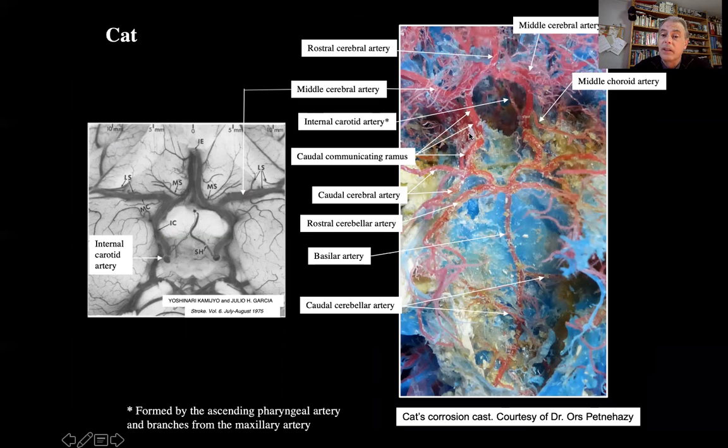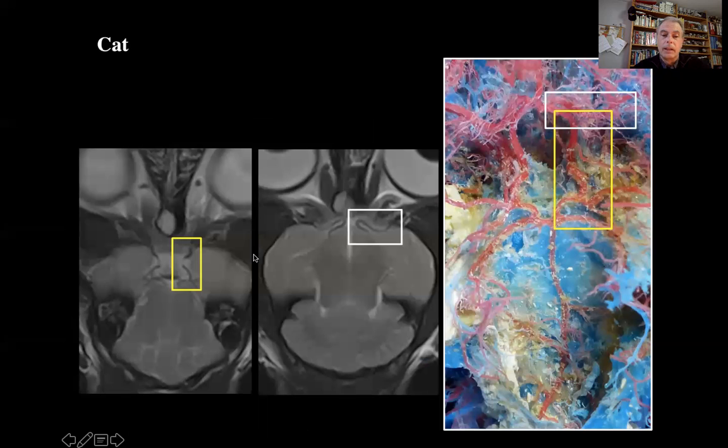So this is the Circulus Arteriosus cerebri of a cat with the basilar artery. Okay. So again, in a cat, this is the aspect of the Circulus Arteriosus cerebri. It is slightly different from the one of a dog. So as you see, this image here, you have it in the corrosion cast.